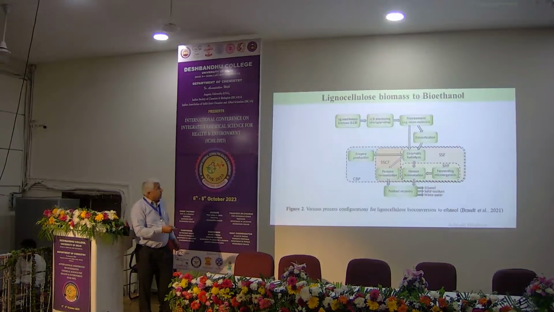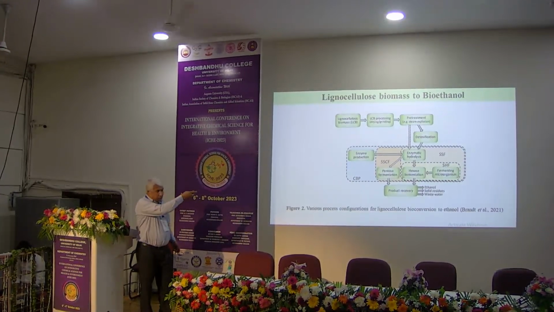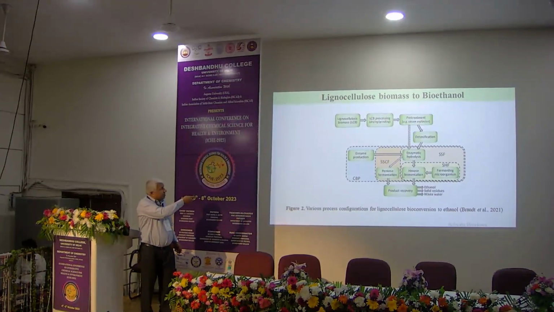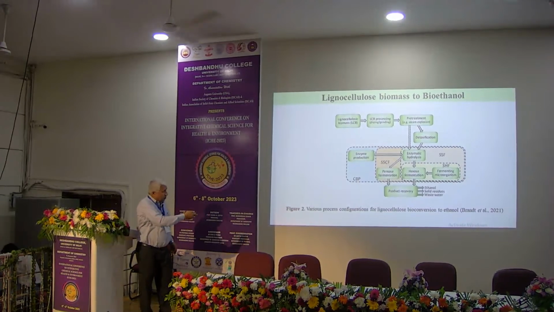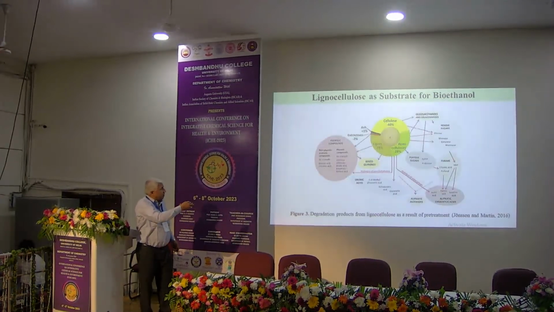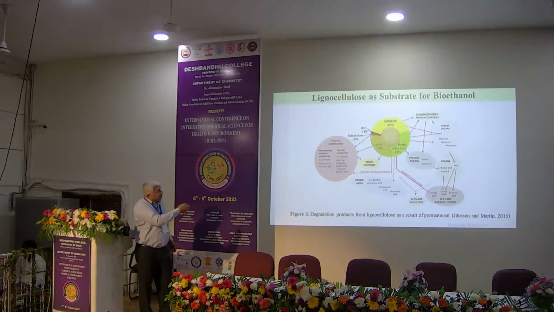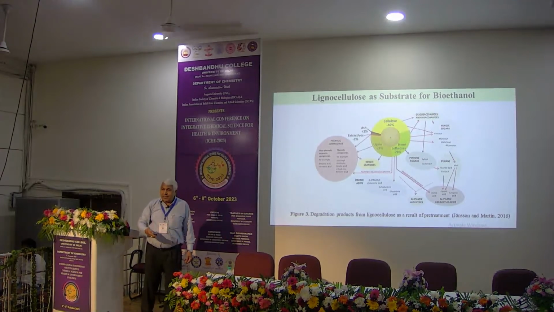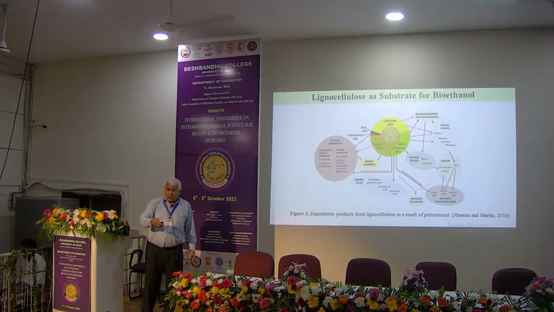So what is the next reason? There are many processes involved in converting lignocellulosic waste into ethanol. This is the main substrate for bioethanol production. When we use the substrate, the lignocellulosic hydrolysate is converted into usable sugars.